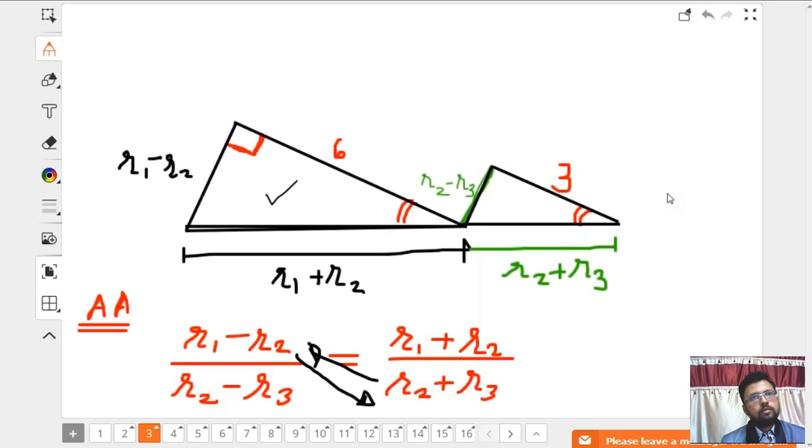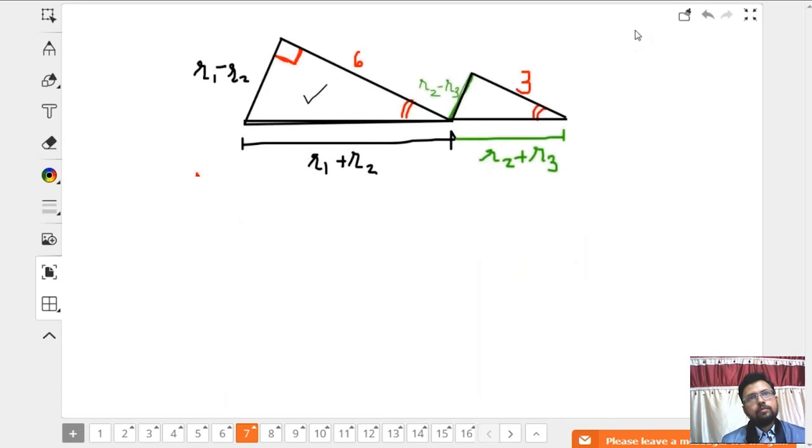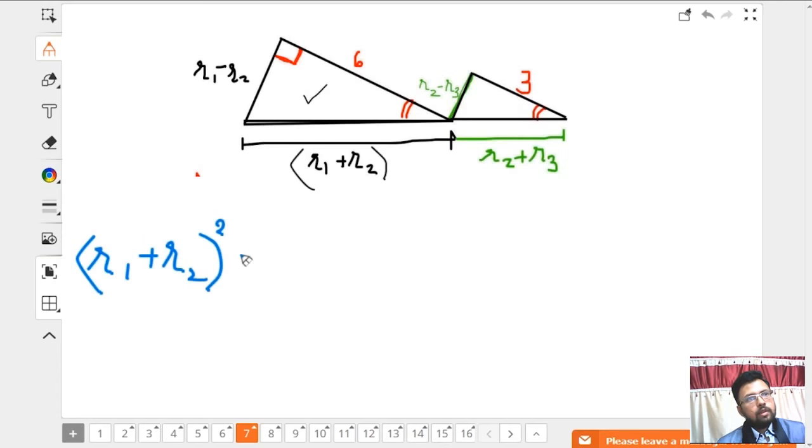Between R1 and R2, right. Yes. So this side is your hypotenuse. So R1 plus R2 whole square is equal to R1 minus R2 whole square plus 6 square.